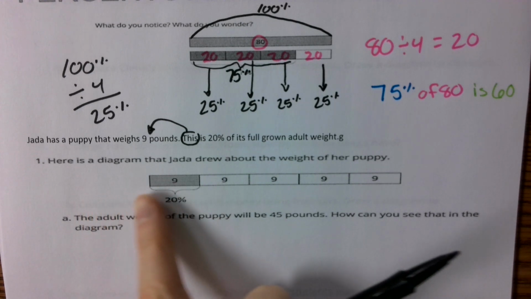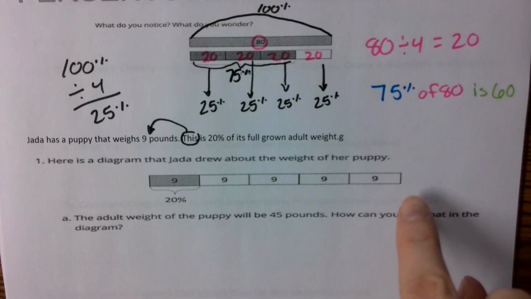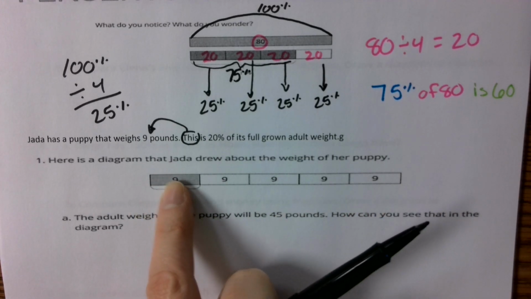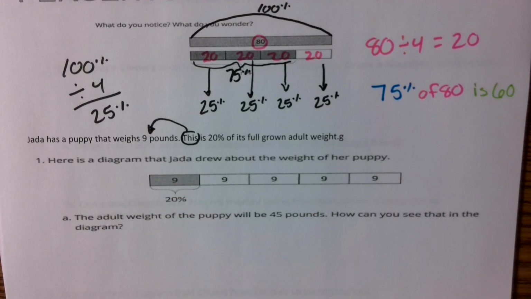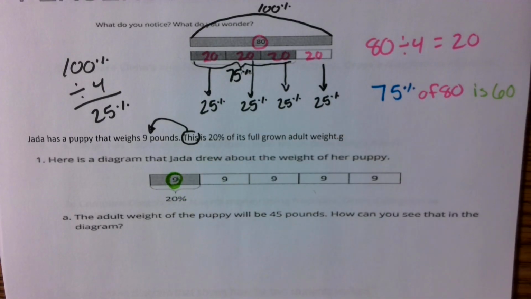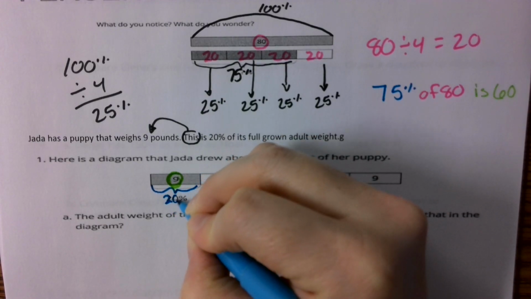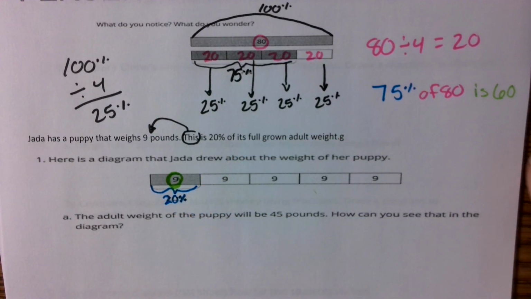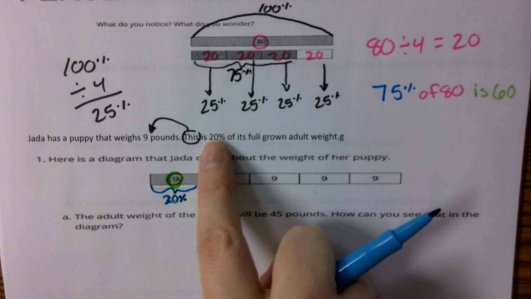So we have a diagram that's going to represent the full-grown weight as well as the weight of her puppy at that present time. Okay, so we know that currently the puppy is going to weigh 9 pounds, and that just one of these boxes we're labeling as 20%. Okay, because that's what we're stating, that the 9 pounds is 20%.